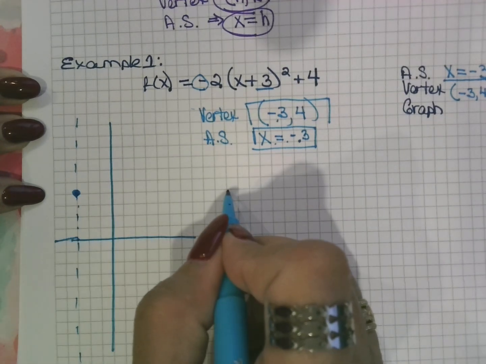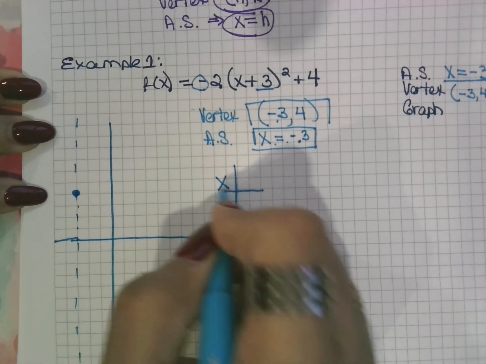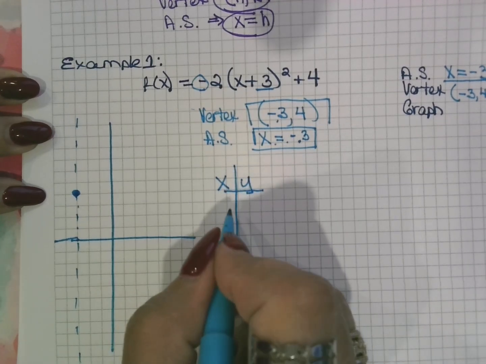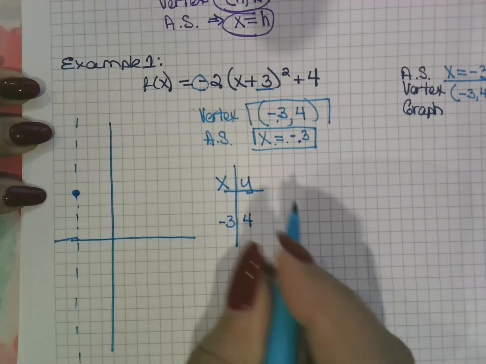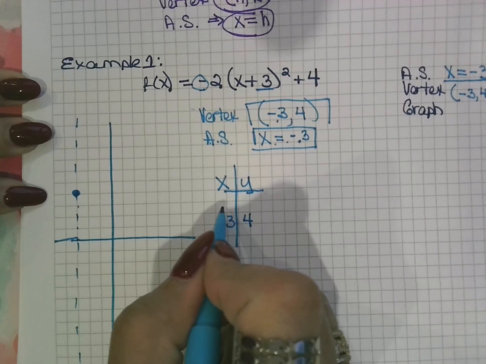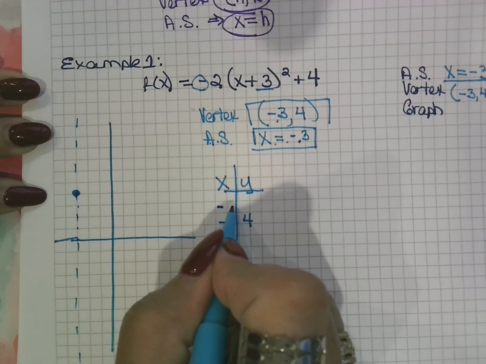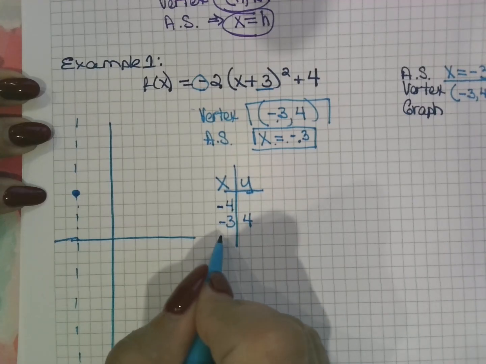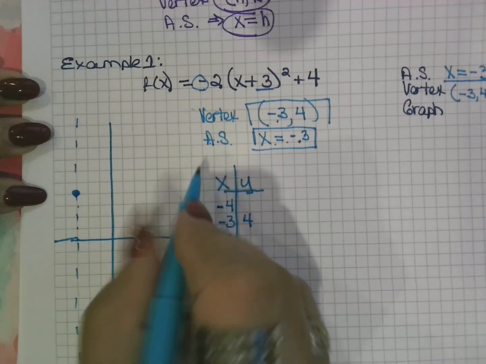We just need a few points to figure out kind of where those points are going to land. So again, you put your vertex in the middle somewhere, negative 3, 4. You're going to pick a number smaller than -3. So how about -4? And we can pick one bigger than -3, like -2. We can actually pick two that are bigger than -3.